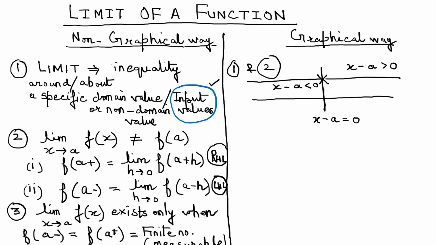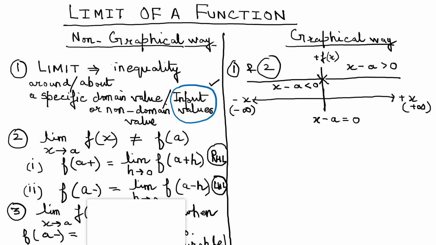So this is a diagram that we have drawn, where this is the negative side of the x axis, this is the positive side of the x axis, this is the positive side of f(x), and down below is the negative side of f(x). The extreme left hand end will be termed as minus infinity. The extreme right end will be termed as plus infinity.